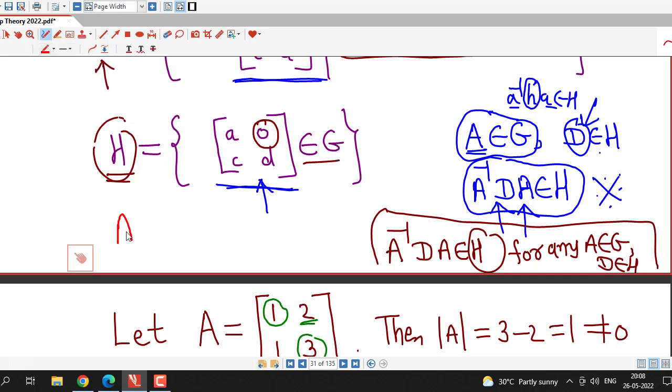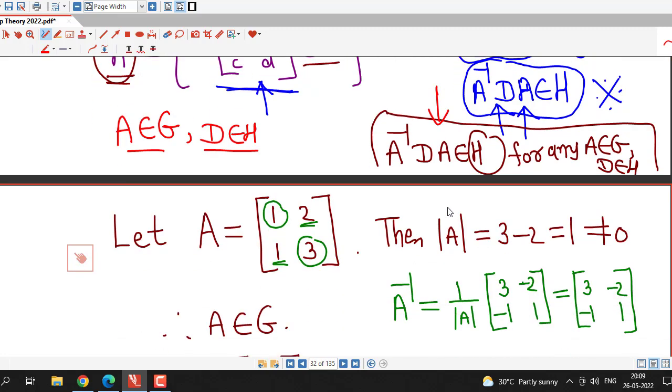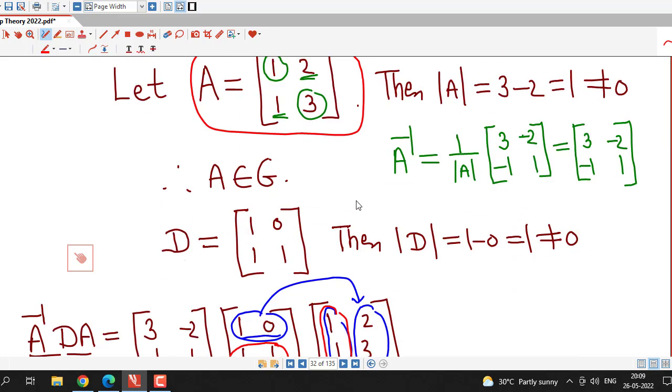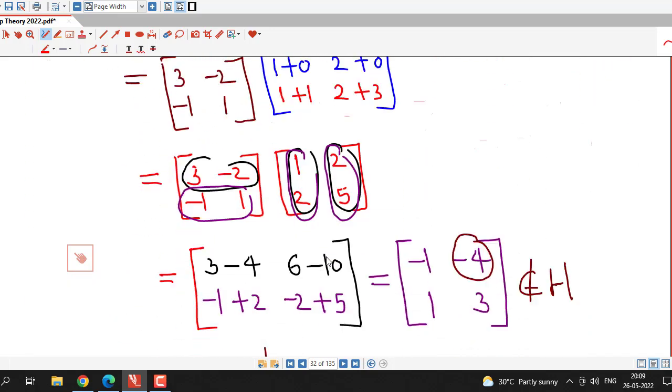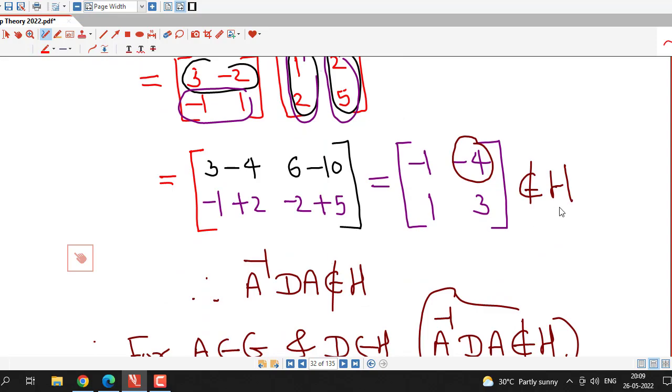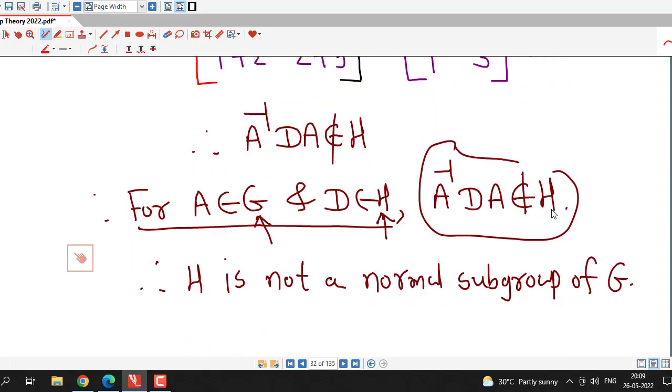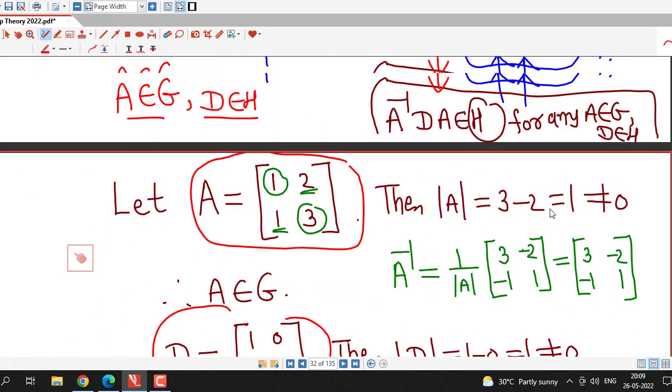You have to show the existence of a matrix in group G and a matrix in subgroup H such that this condition is not satisfied, and these two matrices are working. I have taken this matrix as A, this matrix as D, and I find that A inverse D A is not present in H, therefore H is not a normal subgroup of group G.